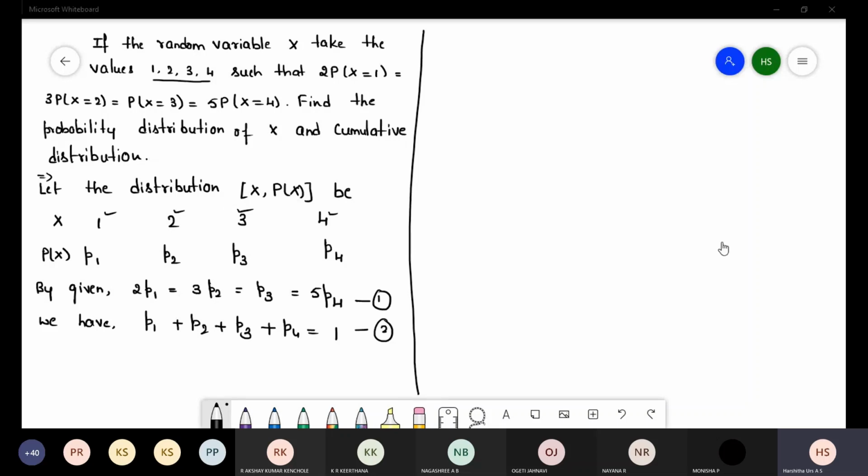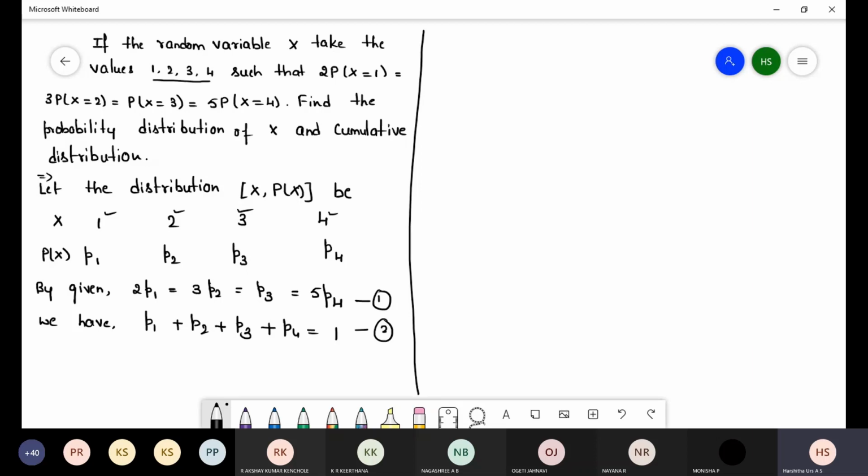In the next line, from equation 1, I find out the P2 value. P2 is, comparing the first and the second, 2P1 divided by 3. P3 value is 2P1.